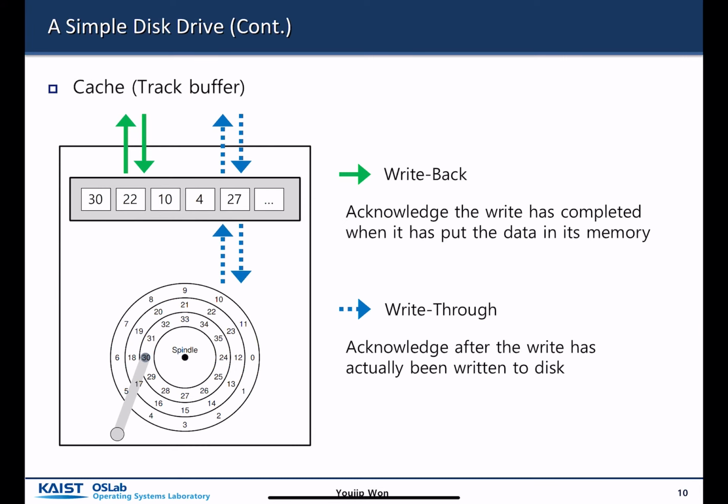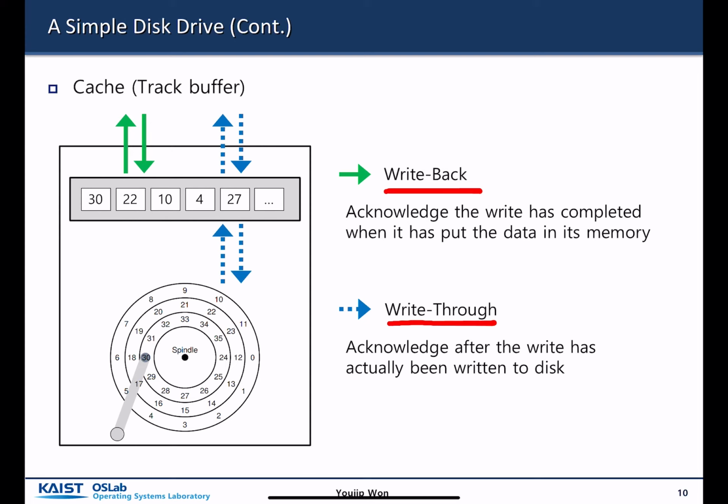So there are two types of approach in utilizing the track buffer. One is write back, and the other is write through. In write back, the drive acknowledges that the write has completed when it has put all the data in its memory.